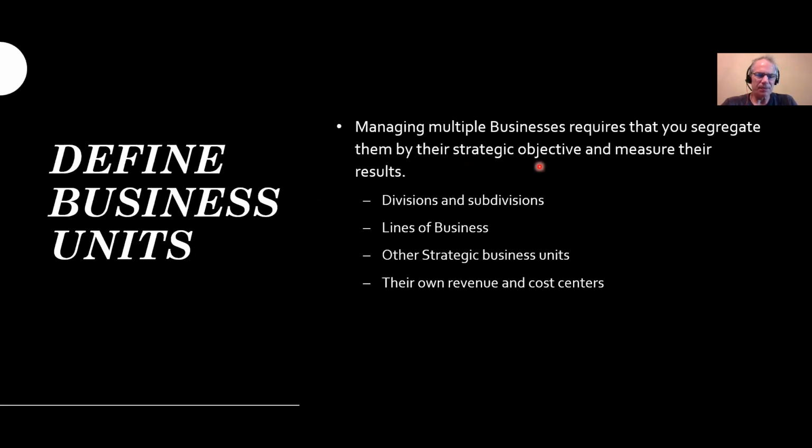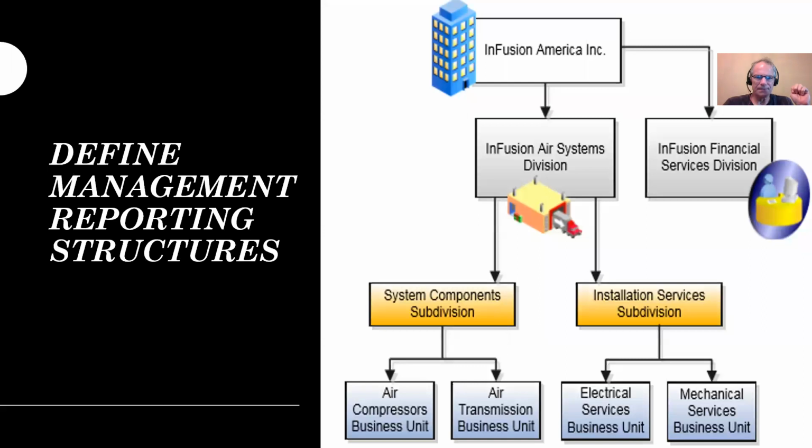You can manipulate them by having divisions and subdivisions, lines of business, and other strategic business units, and you want them to have their own revenue and cost centers, since you want them to be independent and accountable. That's one of the purposes of an ERP, to have good reporting. Let me go to the next slide.